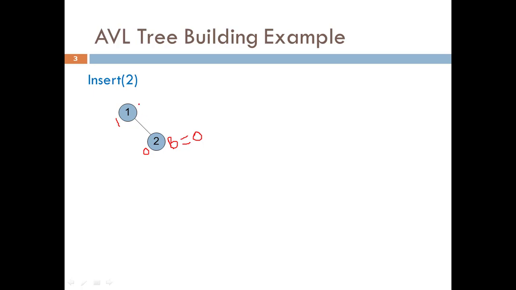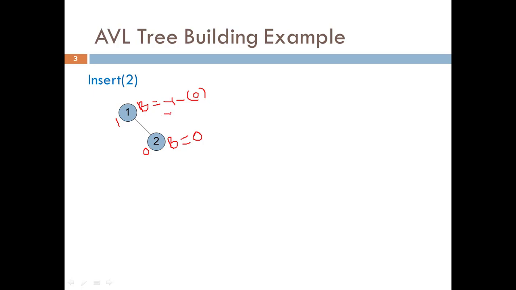So how about the balance factor of this node? Balance factor is equal to the height of the left subtree. Its left subtree is empty and has the height minus 1, minus the height of the right subtree. The height of the right subtree, the height of 2, is 0.